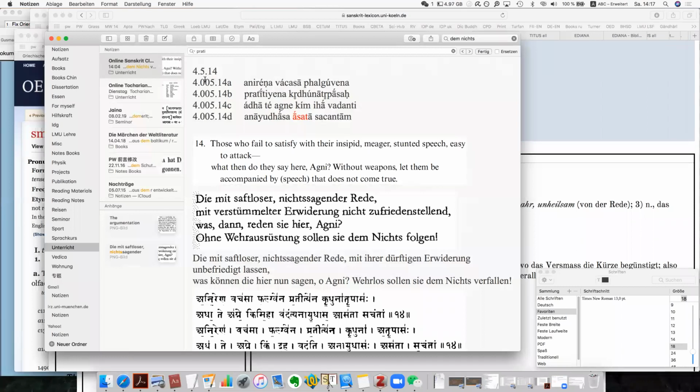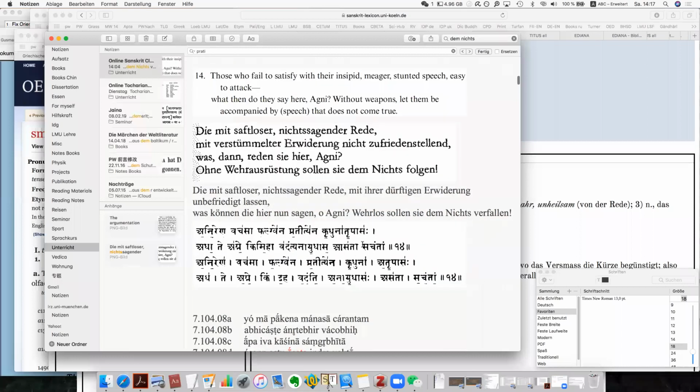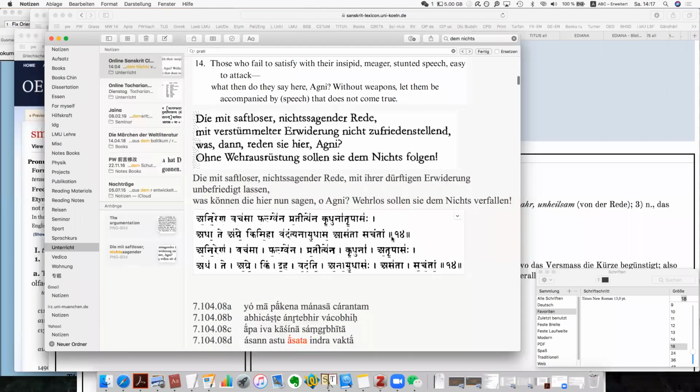This is a verse from the fourth mandala, and let's check the edition by Max Müller. Okay, so this is Devanagari, and you find it here. This is what we are going to read.